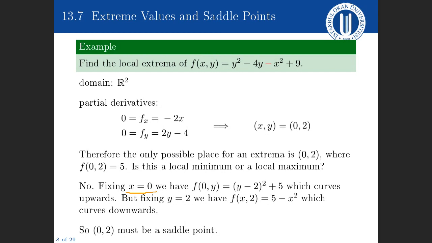And this function curves upwards like this. But if we fix y equal to 2, then we have the function 5 minus x squared, which curves downwards. What do we have when we have a function which curves upwards in one direction and curves downwards in another direction? We have a saddle point.